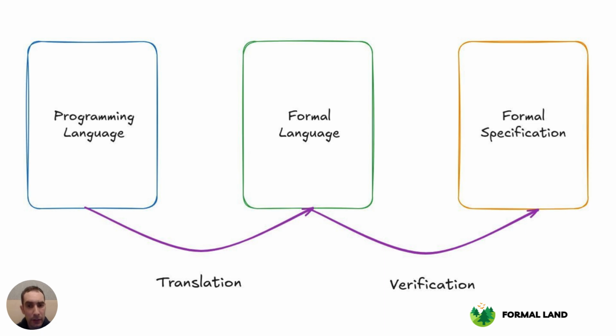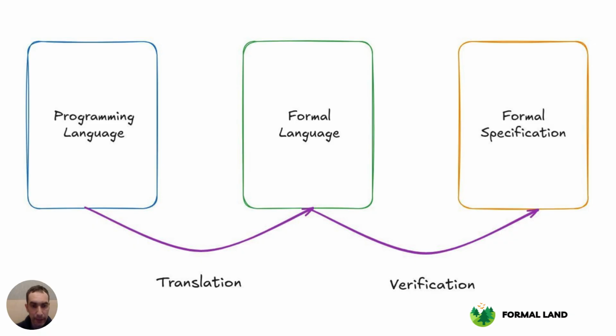So at a high level, when you do formal verification, there are always two steps. One is to translate your code, your implementation, to a formal language, because typical programming languages like Rust or C will not provide formal verification capabilities. So you need to make a translation to tools like Rock, Lean, or SMT solvers.